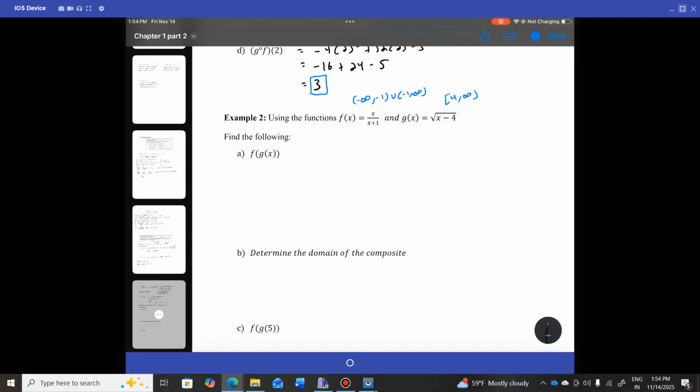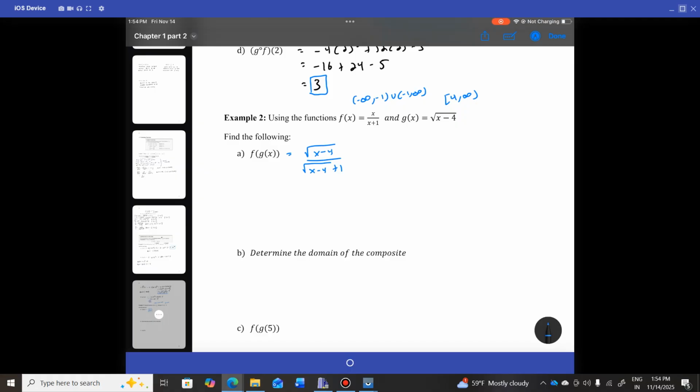So g composite with f, so we'll have square root of x minus 4 over square root of x minus 4 plus 1. Right.